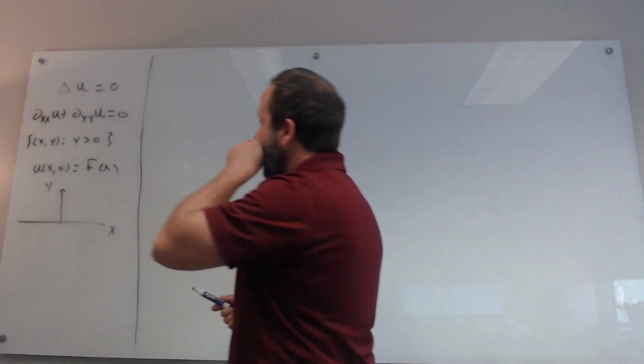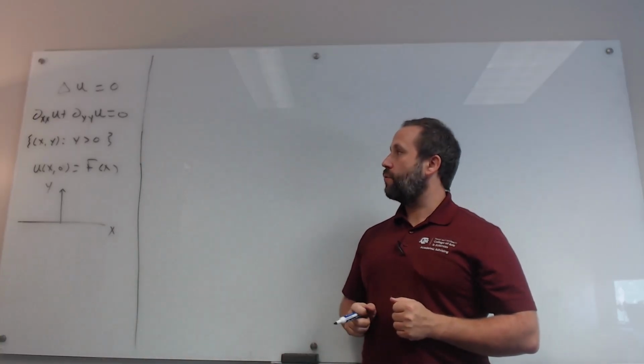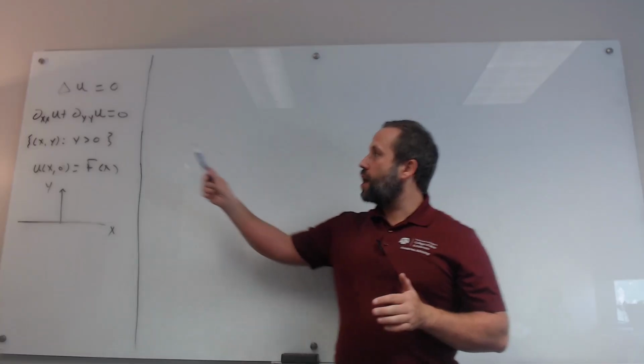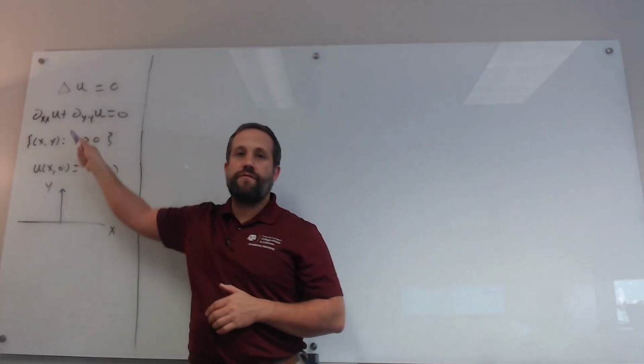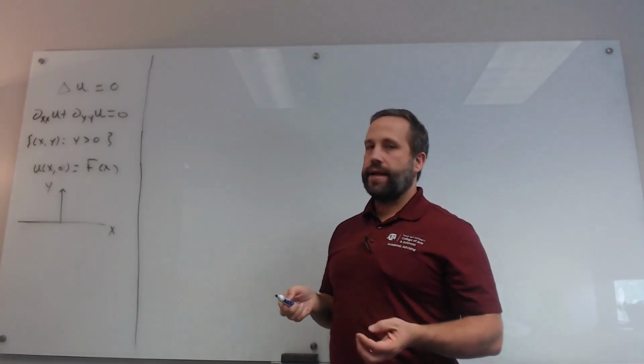At any rate, we're taking the Fourier transform in the x variable, and similar to what we did when we had the diffusion equation, when I take the Fourier transform of the double y derivative, it's just going to be the double y derivative of the Fourier transform.